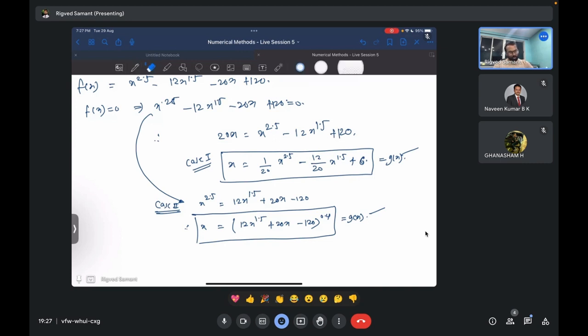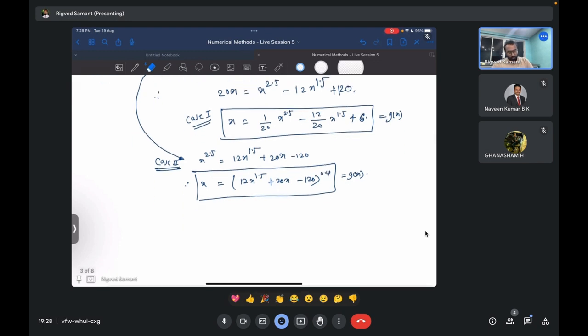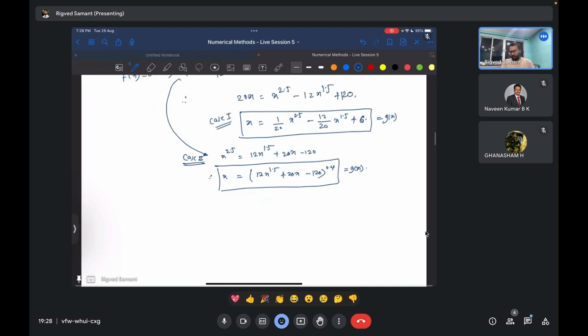Now which one to choose, this one or this one? In the class lectures, sir already started with one initial guess. What we actually have to do is first find out where the root of the equation lies, in which interval the solution lies.